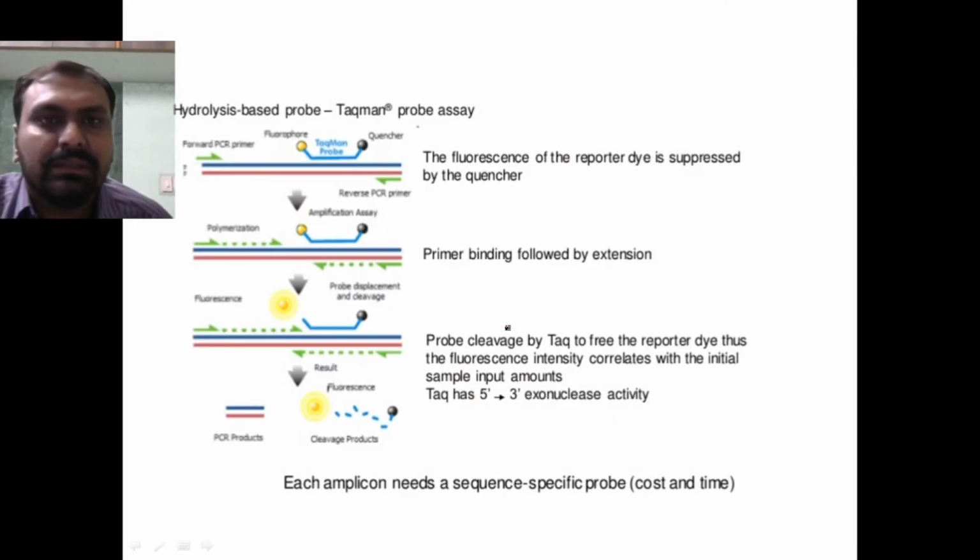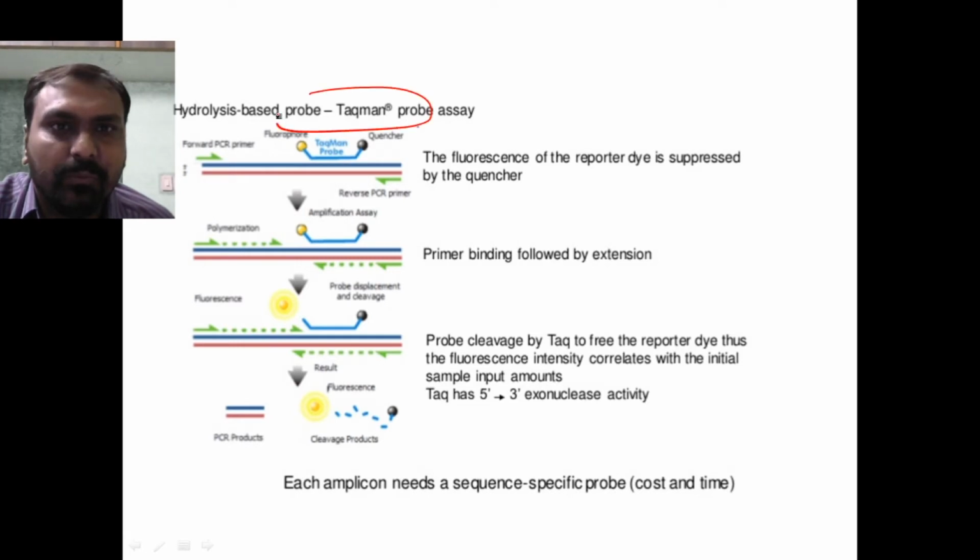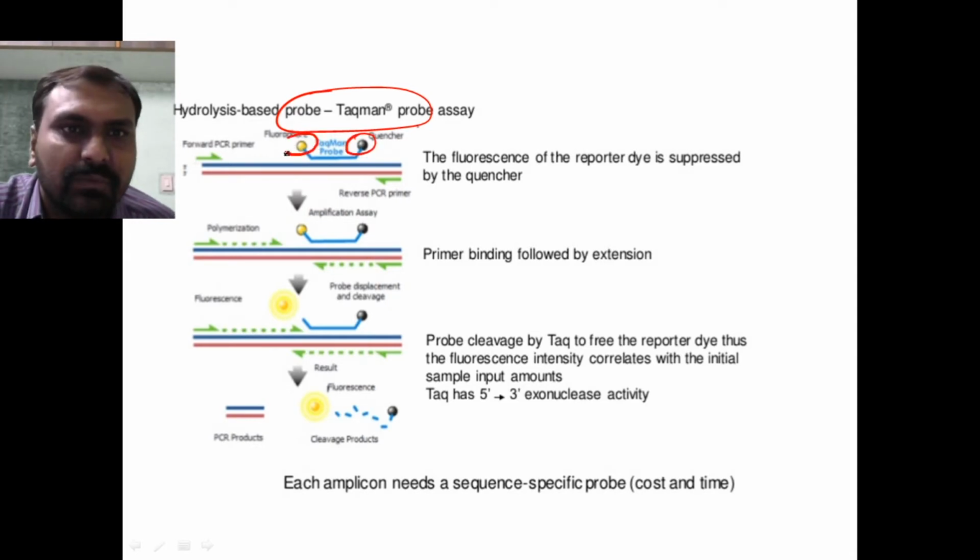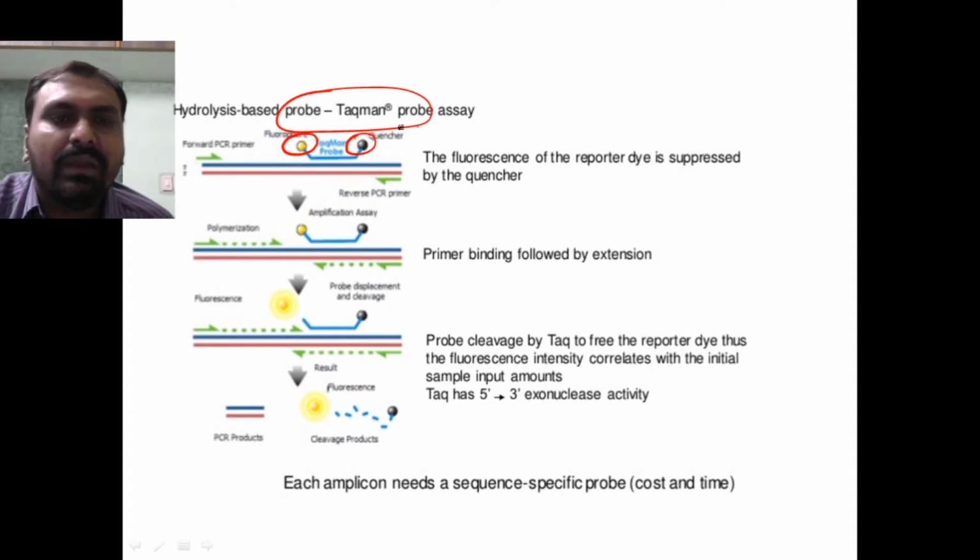Then another method is the TaqMan probe. The TaqMan probe is nothing but an oligonucleotide sequence. On one side there is a quencher dye, on the other side there is a fluorophore. What is the role of this quencher?